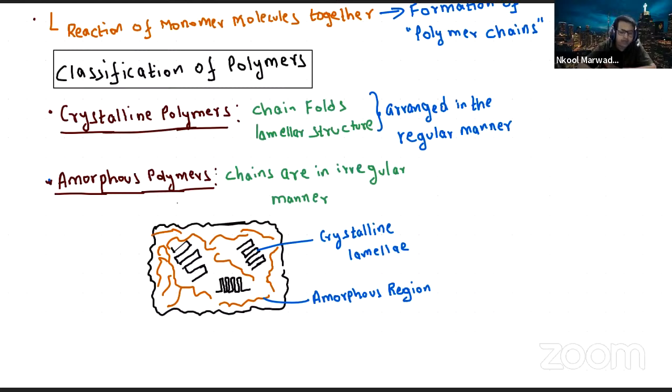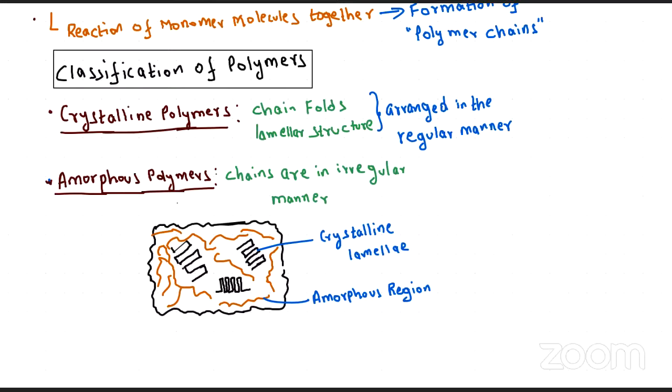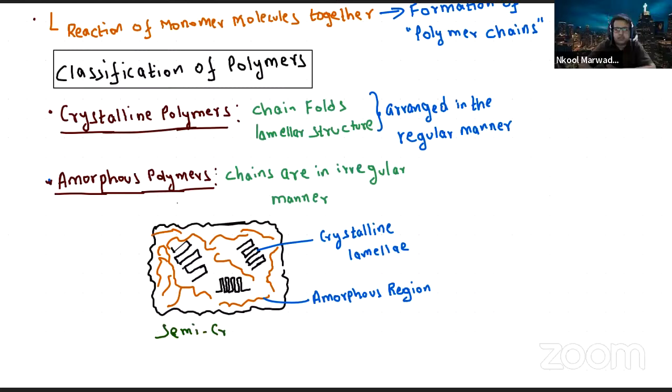We call this compound a semi-crystalline polymer, because it is a combination of both.